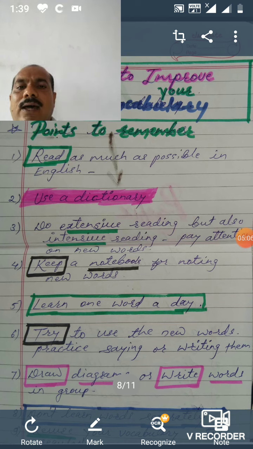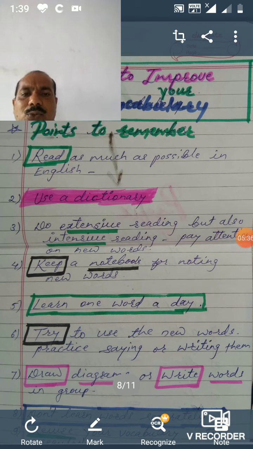Fifth point, learn one word a day. This is also a new way. Every day in our life, we have to decide that we will learn at least one word in a day. So if per day we collect one new word in our mind dictionary, then automatically our vocabulary will improve.